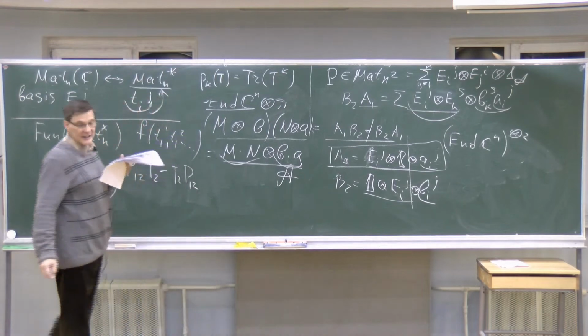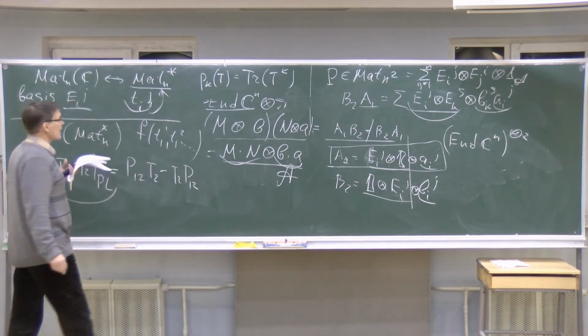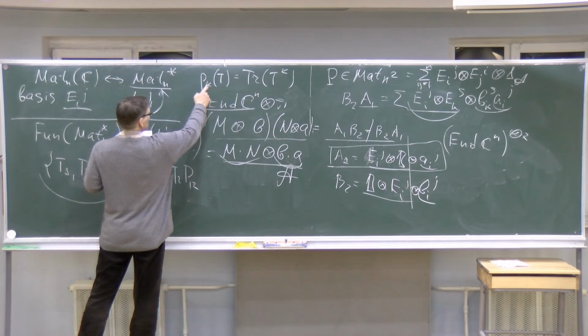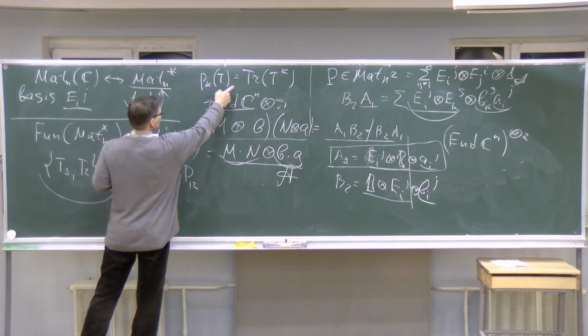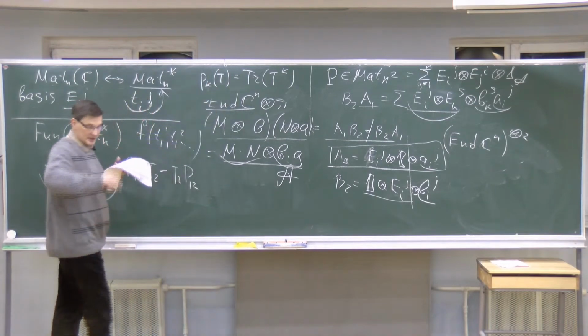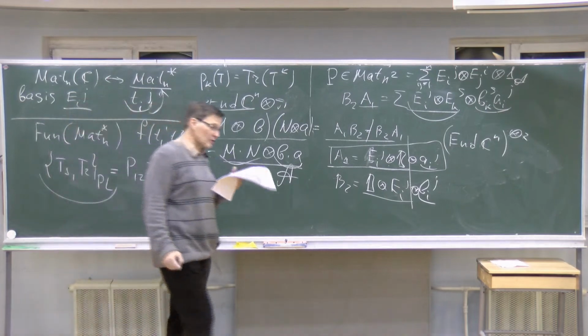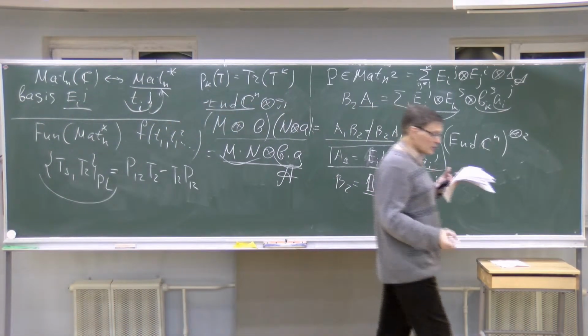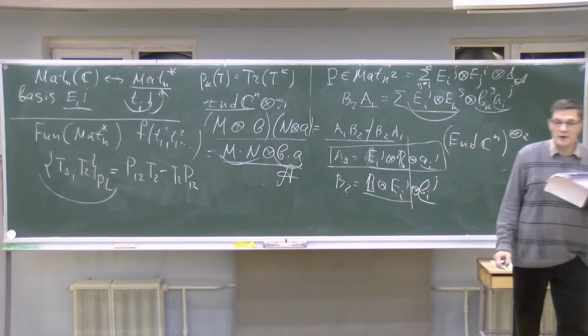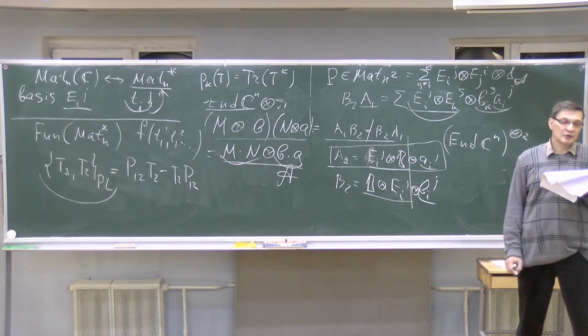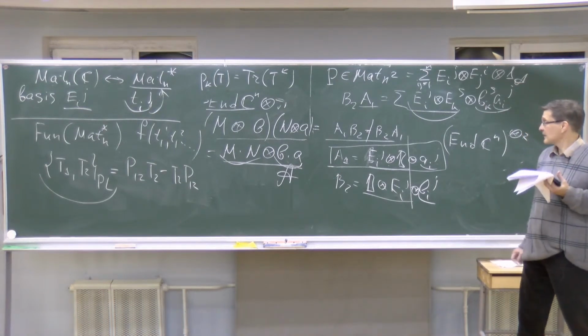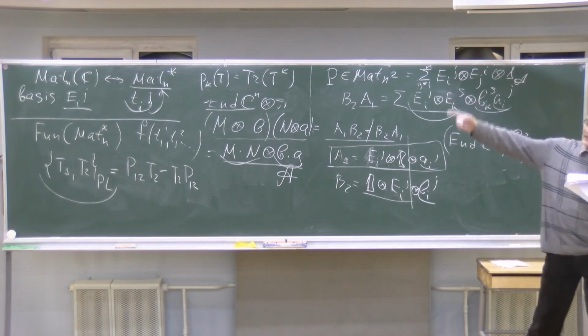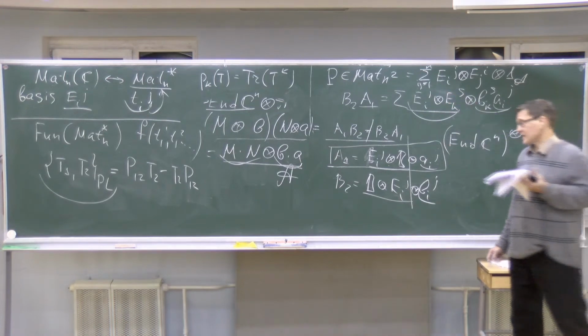The functionally independent elements are p_k with k from 1 till n, because the higher powers of matrix T are dependent on the lower powers due to the Cayley-Hamilton identity. These are central elements of this Poisson structure.